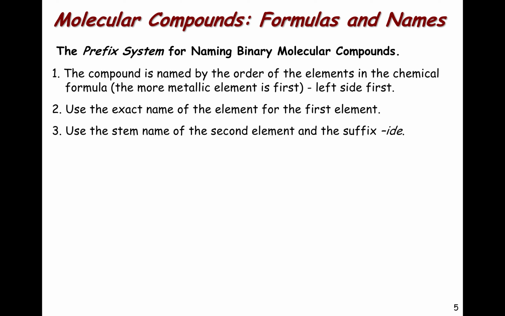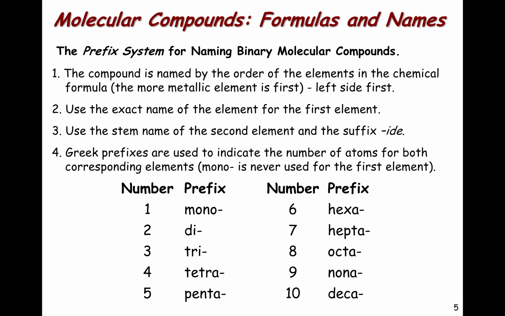And then for the second element in the formula, the suffix is changed to the ending of "ide." In addition, we have to indicate how many of each of both of the elements are present, and this is done using prefixes. These are the same prefixes that we saw previously, the Greek prefixes, so these should be memorized.